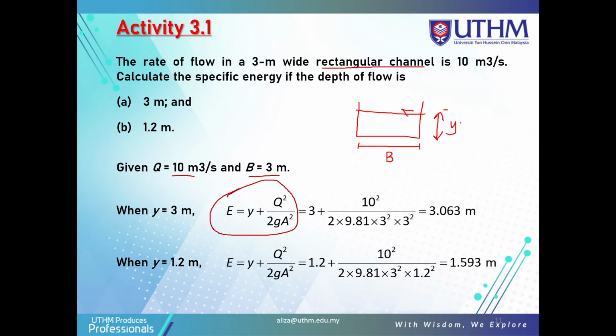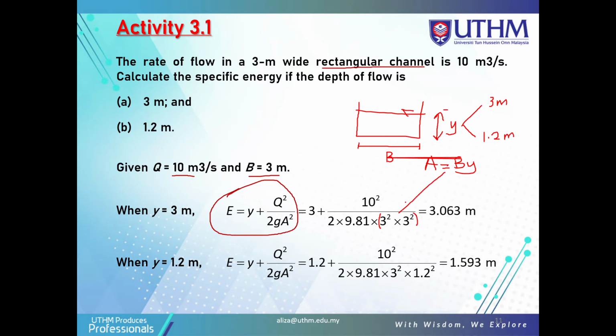You use y of 3 meter and y of 1.2 meter. The area of this rectangular channel is b times y, which is why you get this formula.